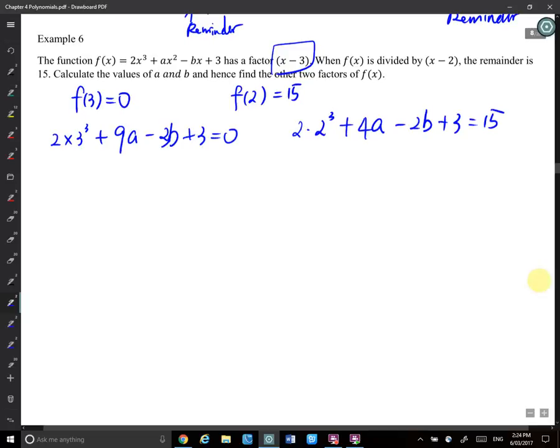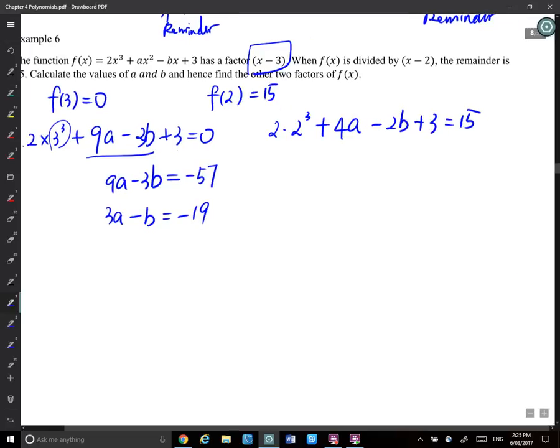So let's do this. So 9a minus 3b equals minus 57. Can divide by 3 on everything. So 3a minus b equals to minus 19.